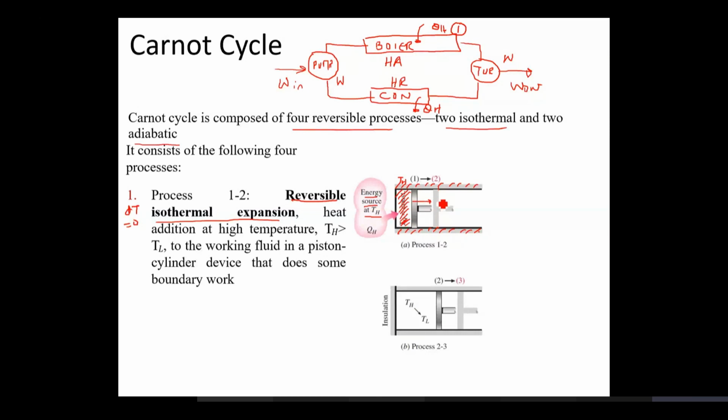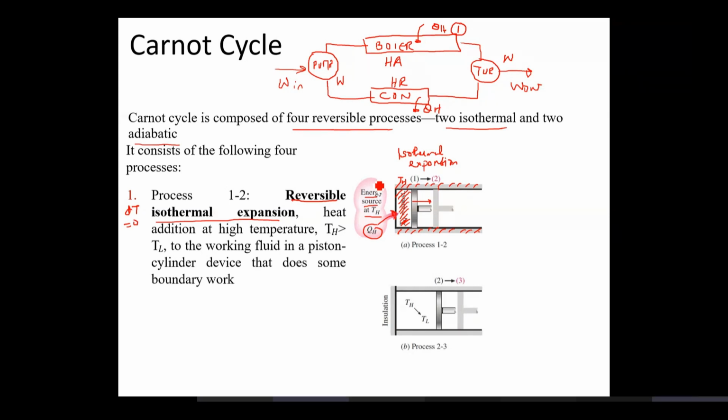If there is expansion, what will happen to the temperature of the system? It will decrease. All right, it would decrease, but the decrease is catered by heat addition to the system, QH, which maintains the temperature of the system at TH. So isothermally, there is expansion taking place within the system. Clear?